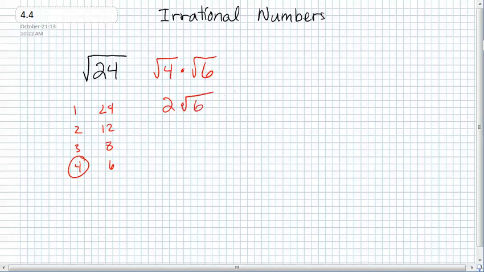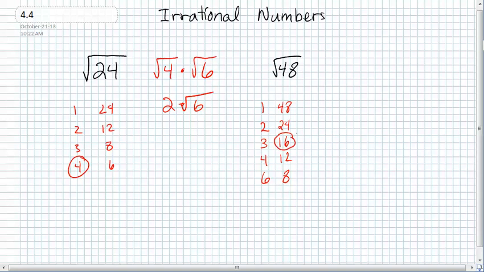Okay, why don't you just take a moment and see if you can do the same thing for root 48. Try to pull out the largest perfect square that is a factor of 48. Go ahead and try it. Okay, well, there are all the factors of 48, and 16 is the largest perfect square.